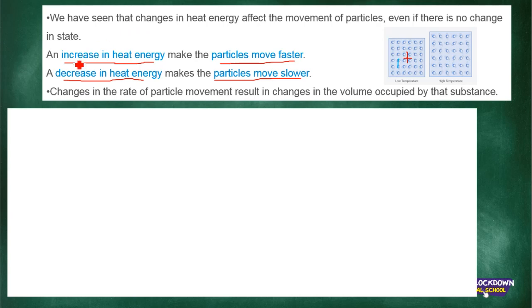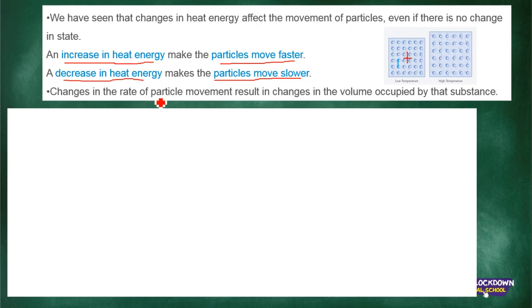So I'm going to recap again. An increase in heat energy makes the particles move faster, and when they are moving faster, the space between the particles increases. And then a decrease in heat, that means when it is cooling, the particles move slower, and then the space between the particles is much less.